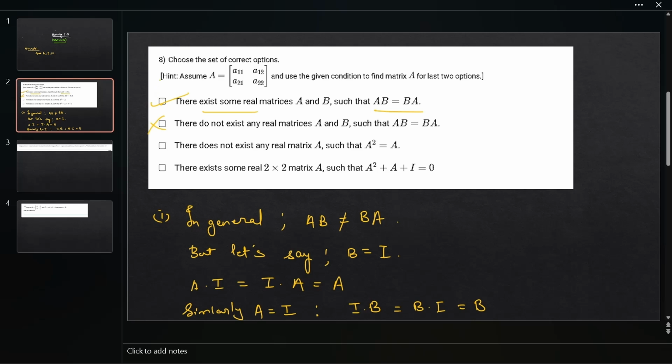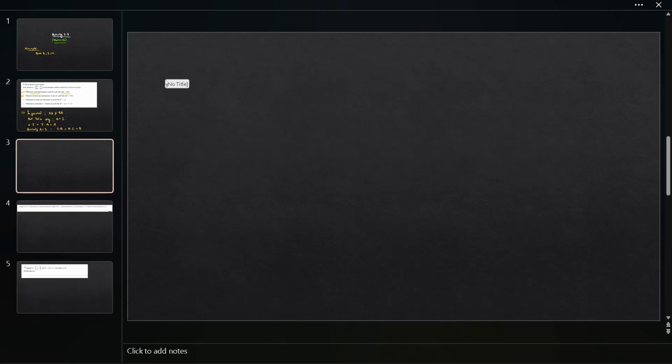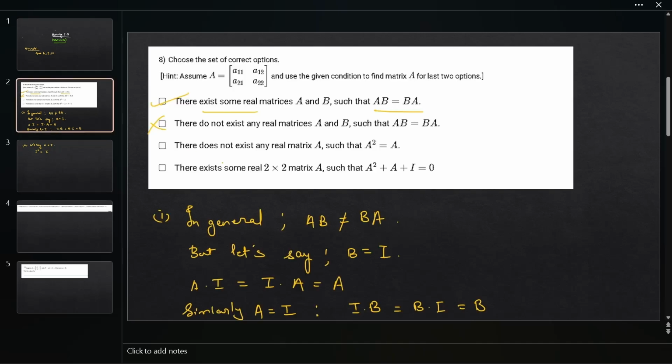Now moving on to option 3, that there exist some matrices such that A square is equal to I. Again, if we take the example of A equal to I, we know I square is equal to I. So we have given an example of A square equal to I, and we can say that there exists some real matrix such that A square is equal to I. So option 3 becomes incorrect, because option 3 says there does not exist.